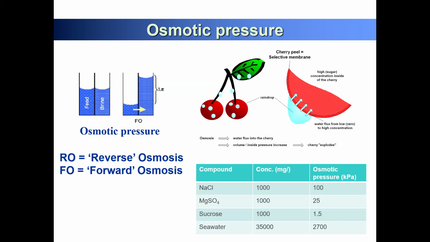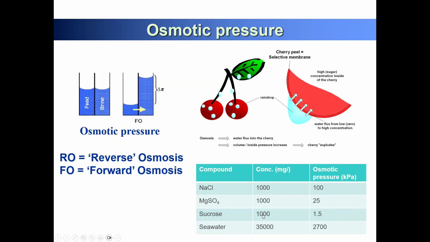This will reflect your overall recovery, osmotic pressure, and applied pressure. Magnesium sulfate, at the same concentration of 1000 milligram per liter, has a lower osmotic pressure.